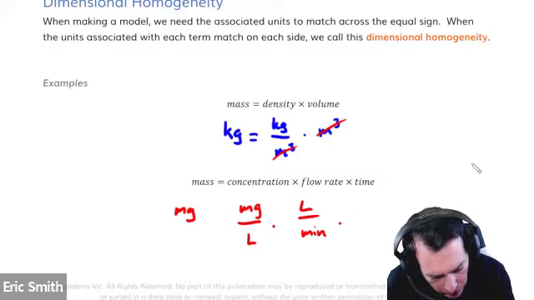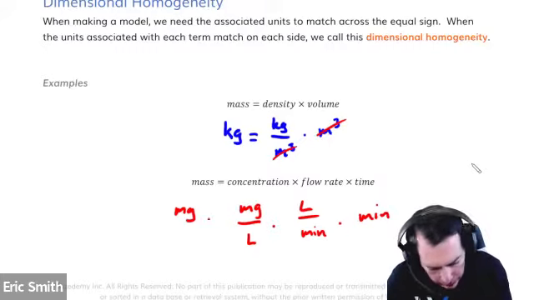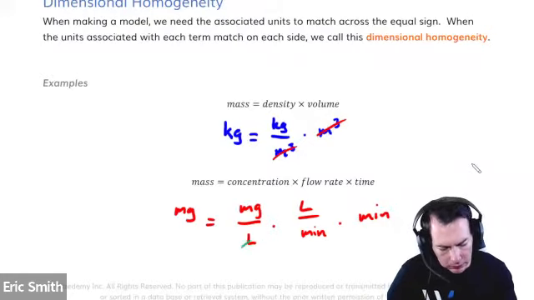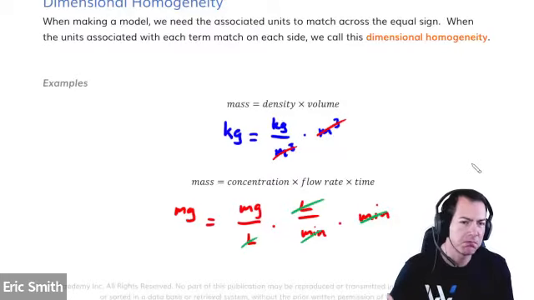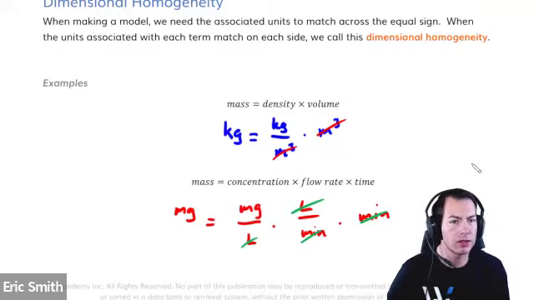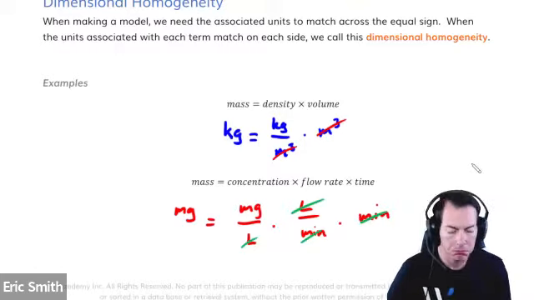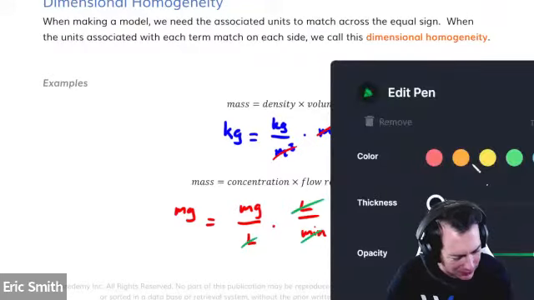And we'll do time also measured in minutes. Let's see what cancels out and what gets to survive here. So liters are gone, minutes are gone, milligrams equals milligrams. Yeah, this one balances out. This would be a good example of something that is homogeneous in terms of its units. Now, of course, I'm putting in the units to make sure that these actually do work out, that they are nice and homogeneous.